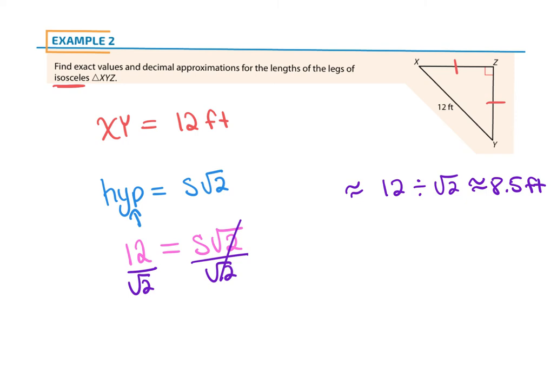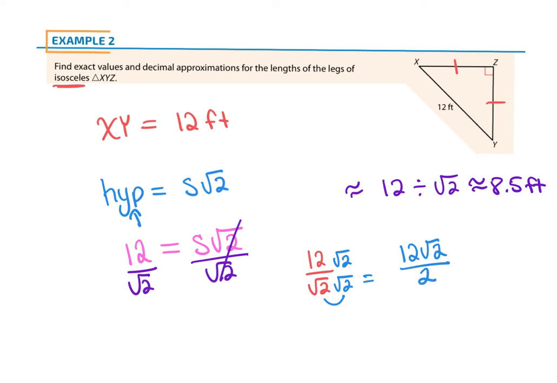All right, so we're going to take the 12 over square root of 2, and we're going to multiply the top and bottom by that square root of 2, okay? On the top, we just have 12 square root of 2. On the bottom, what happens when I multiply square root of 2 times the square root of 2? What is it? 2.